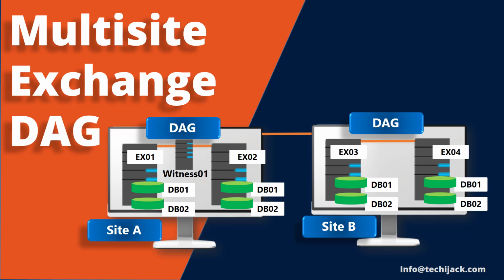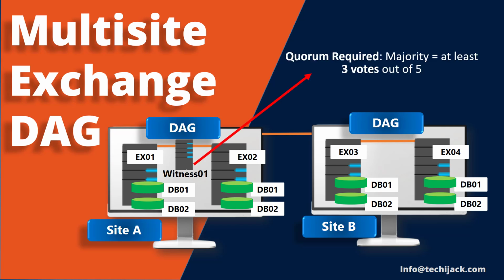DAG uses Windows failover clustering and it requires a majority of votes to maintain the quorum. Each DAG member has 1 vote, like EX01, 02, 03, 04. Every Exchange server has 1 vote, and the witness server adds an additional vote if there is an even number of members. The quorum required in this scenario is a majority of at least 3 votes out of 5.